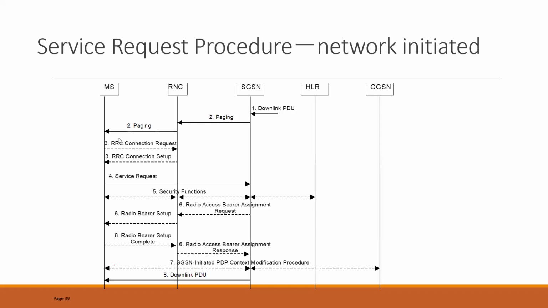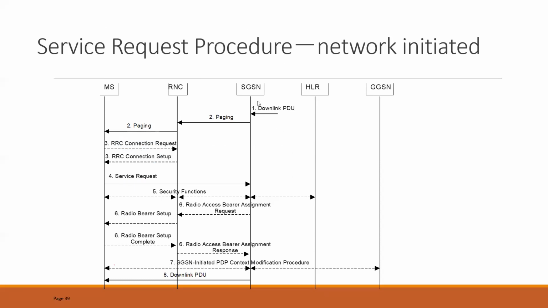Based on that, it's the same procedure as this. The MSISDN will set up an RRC, the radio resource control connection request, then it will send a service request, authentication, then your RAB assignment is going to take place. So your radio access bearer is available to the MSISDN. Then your SGSN initiated PDP notification if it is required.